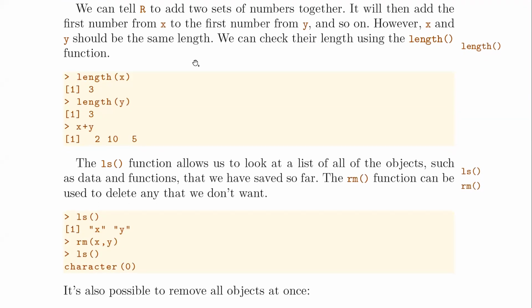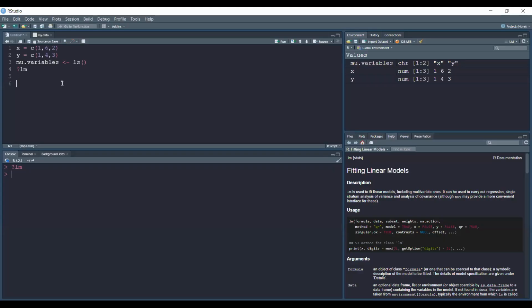We can tell R to add 2 sets of numbers together. It will then add the first number from x to the first number of y. It's what you would expect. However, x and y should be the same length. Now, if they're not the same length, I don't think it produces an error. So in our calculators, you would expect an error.